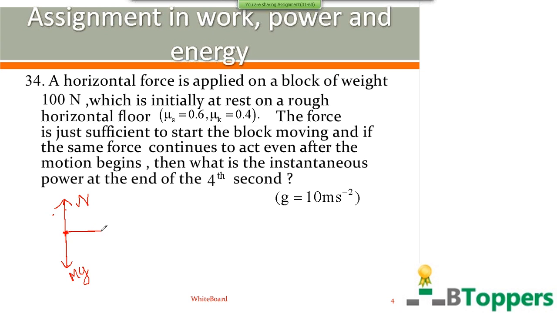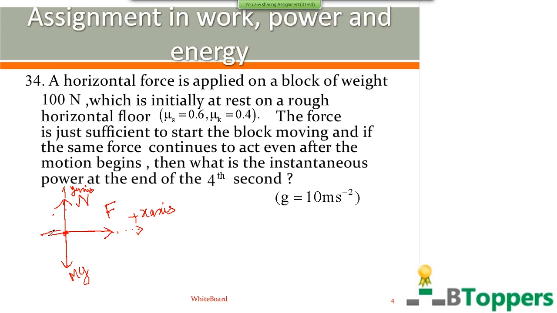Let capital F denote the magnitude of the horizontal force applied on the block by the external agent, which acts, suppose, towards the right. I choose the horizontal direction, that is the direction of the force applied on the block, as the x-axis, and the vertically upward direction as the positive y-axis.